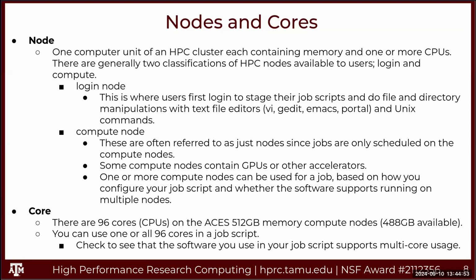Some compute nodes contain GPUs or the other accelerators that we mentioned, and some compute nodes are CPU only. Based on how you configure your job script, you can use one compute node or multiple compute nodes, but just remember this is highly dependent on how the software is written and what it supports.